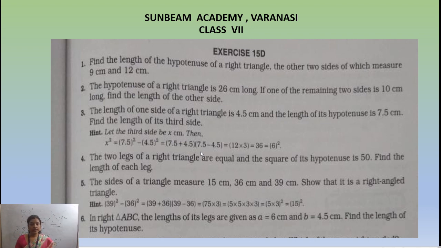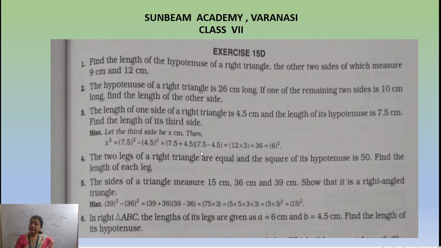They have said that the sides of a triangle are given. There is a triangle and all 3 sides are given: 15 centimeter, 36 centimeter and 39 centimeter. Now they are asking that you show that it is a right angle triangle. How will we apply this?